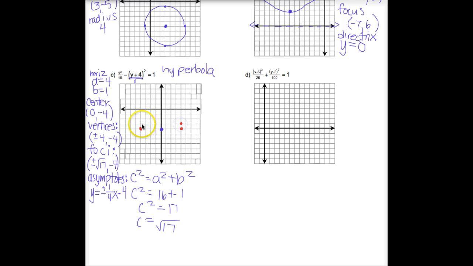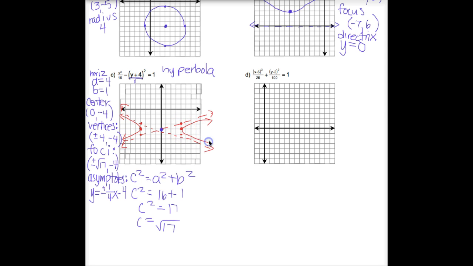Remember that these make a box around your vertices and center. So connect those. There's one asymptote. I missed a little on that one, sorry. There's the other asymptote. So that tells me that the openings are about this wide.